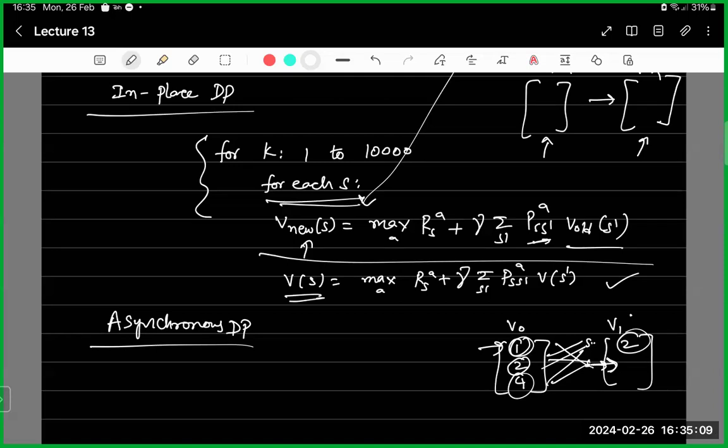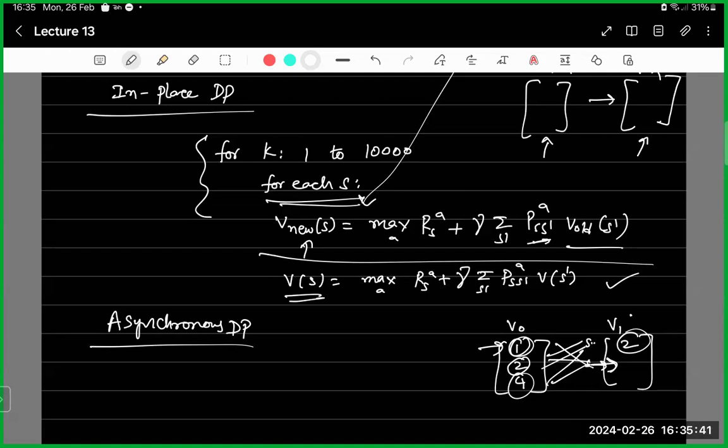So if you have very limited compute power, you want to put all your resources onto states which are most likely to be seen, right? So instead of updating every state in every iteration, you update only, let's say, a few states or just one state, right? And that one state can keep changing over iterations. Whatever you think right now is the most important state you should update, you update that state and just move away. Okay. So that's called asynchronous DP.